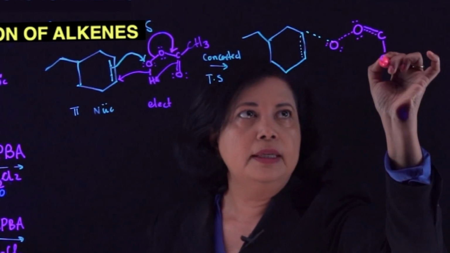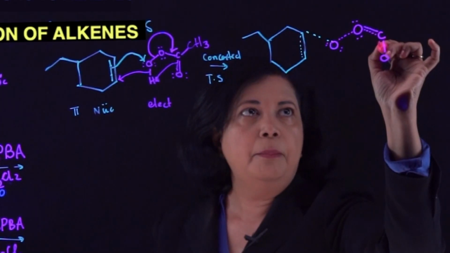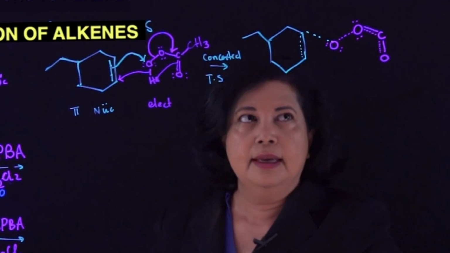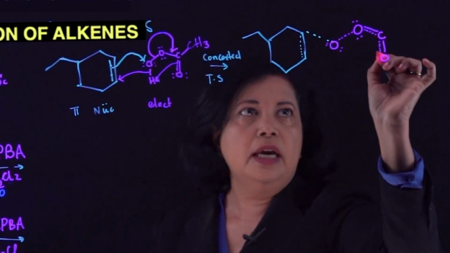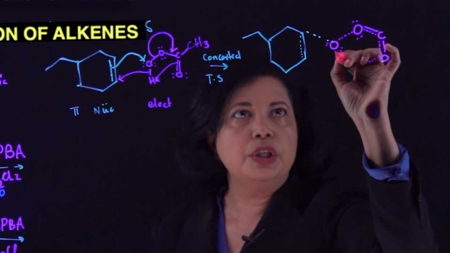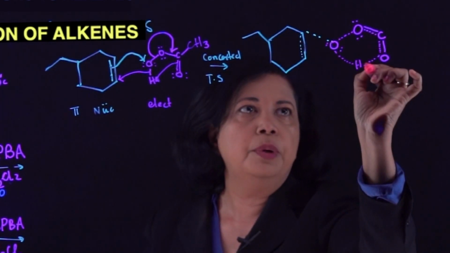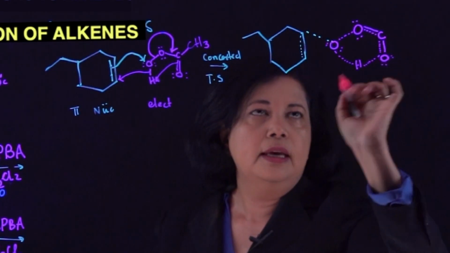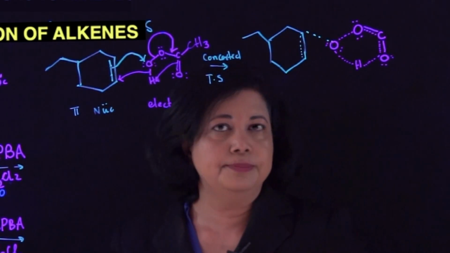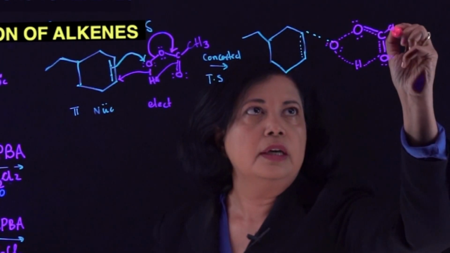Now the sigma bond doesn't break on the carbonyl, but the pi bond breaks. And the pi bond then reaches out to this hydrogen, and the hydrogen is then pulled by this carbonyl oxygen. The CH3, of course, is just coming along for the ride.